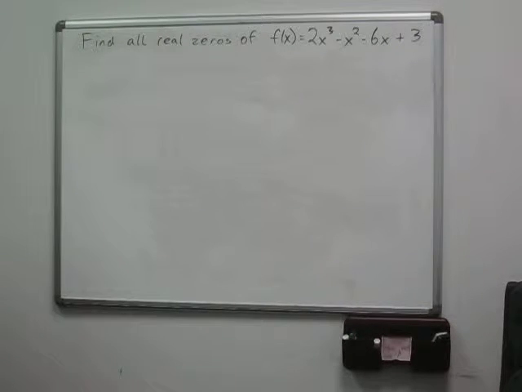So instead, we want to make educated guesses. One educated guess is that this function has a rational zero. So let's start by looking at our list of possible rational zeros.